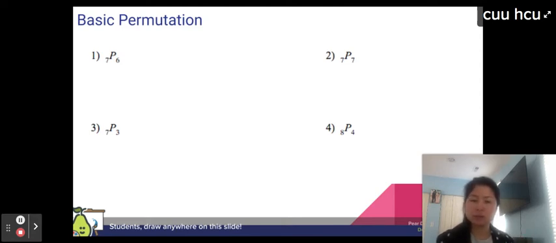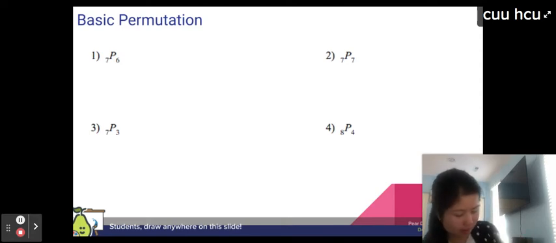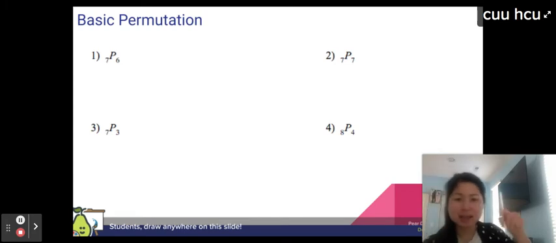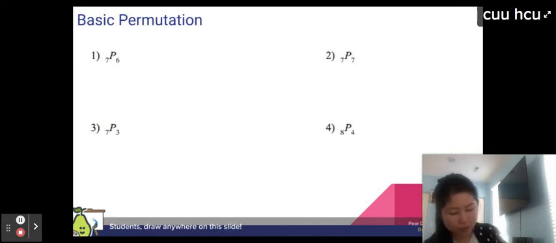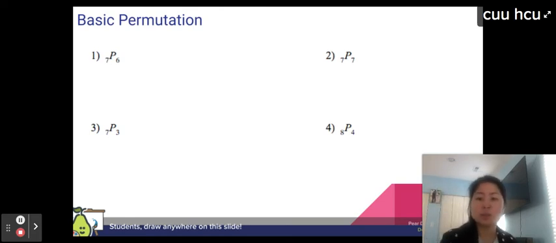I think it's much longer to do it this way. 7 factorial means 7 times 6 times 5 times 4 times 3 times 2 times 1. 1 factorial means 1. There's no number smaller than 1, so we stop right there.